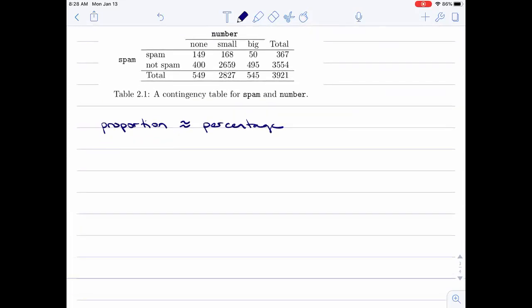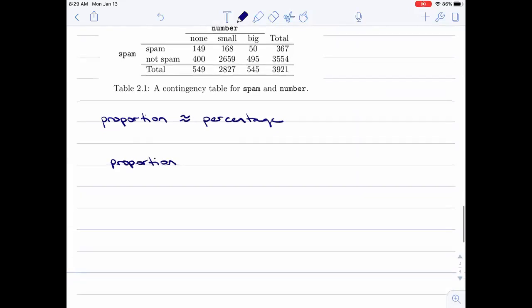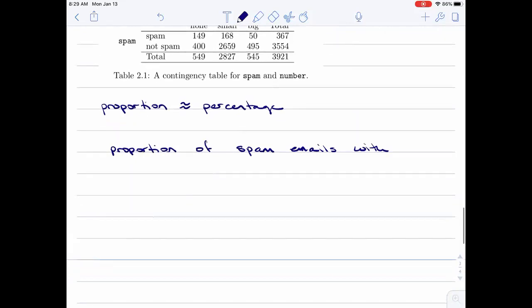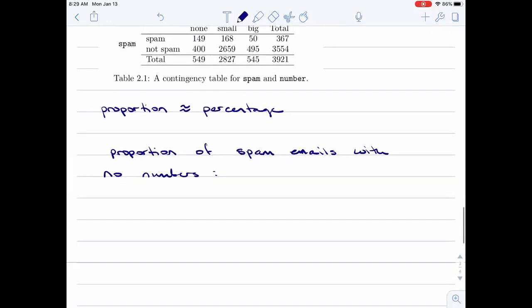So for example, the proportion of spam emails with no numbers would be 149 out of 367.